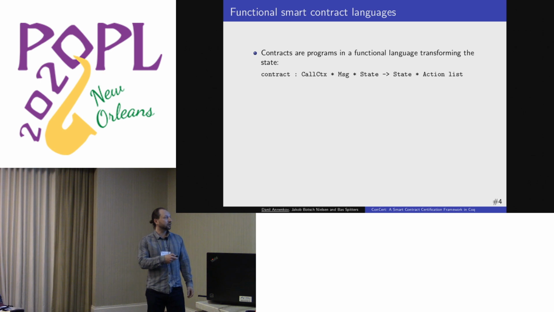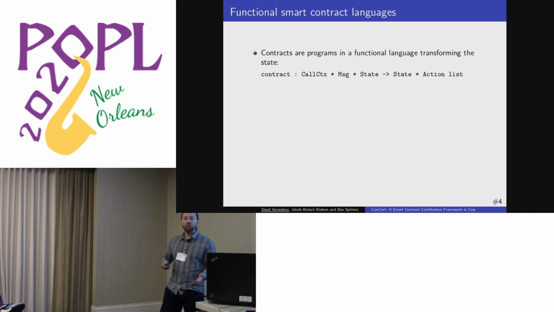Basically, it's a state transition: it takes the current state of the contract and produces the new state. It also expects some message on which the contract can decide what to do, and a call context with additional information, like the amount sent and who calls the contract. It results in a new state and a list of actions, which can be transfers from account to account or calls to other contracts.